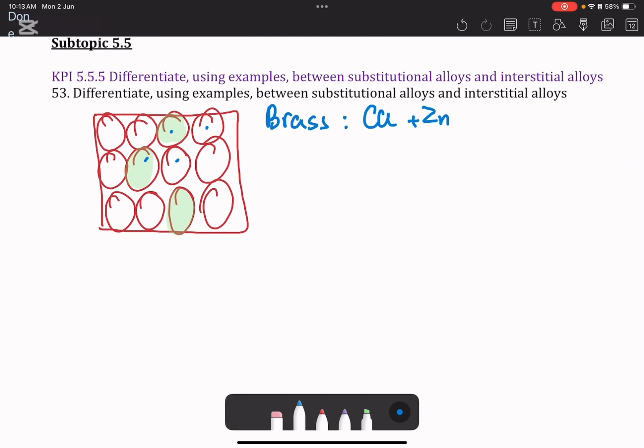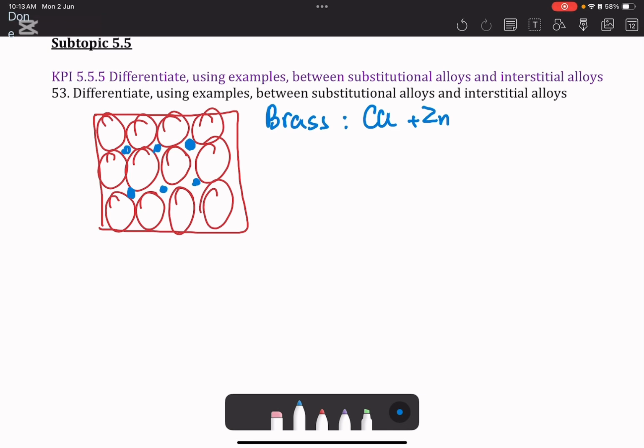For the interstitial alloy, it's basically a bit different than the substitutional alloy. So I'm going to erase here, and I'm going to tell you that this is the metal lattice, and another element is filling up the holes between the metals of the lattice.